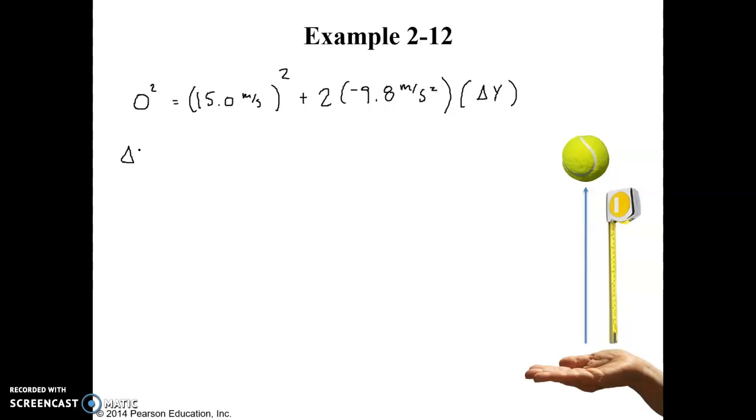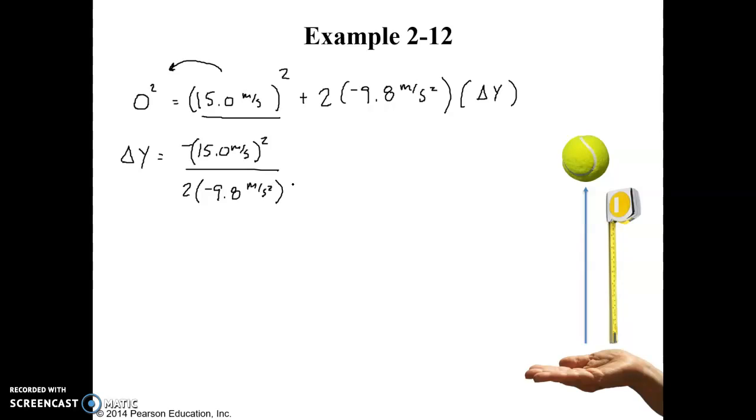So delta y is equal to, let's start by getting this term over to the other side of the equation by subtracting it. So this now becomes negative 15.0 meters per second squared. We'll square it and then make it negative. Divided by 2 times negative 9.8 meters per second squared.